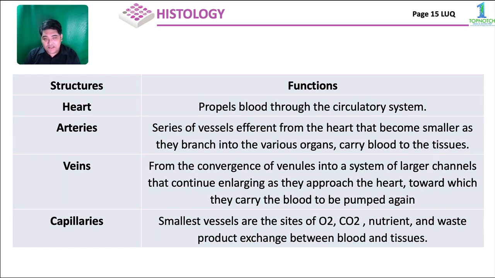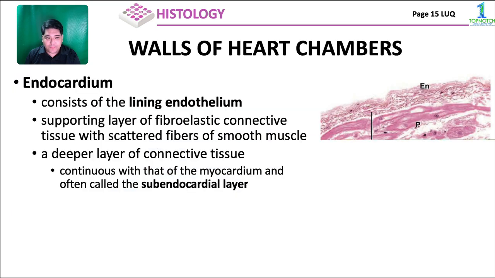Then we have the veins, from the convergence of your venules into a system of larger channels, like your superior and inferior vena cava, which carry the blood towards the heart to be pumped again. And then we have the capillaries, physiologically important because they are the smallest vessels. That is the site for the carbon dioxide, oxygen, nutrient, and waste product exchange between the blood and tissues.